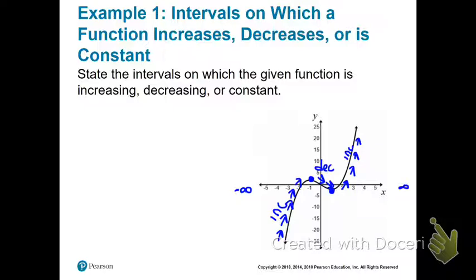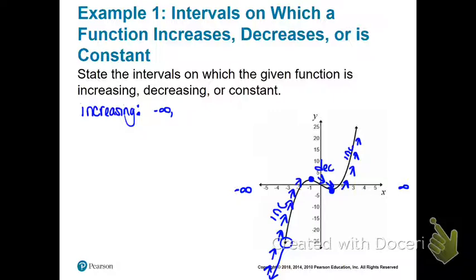So let's talk about where it's increasing, since that's what we said it was doing at first. All right, so my graph is increasing all this way from the far left. Well, because the arrow keeps going down, we know it's going to keep going to the left, which means it's going to be increasing all the way from that number on that very far left, which is negative infinity.